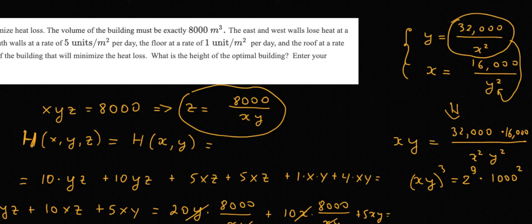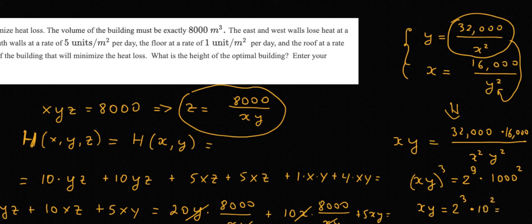And now we can take the cube root of both sides to solve for x times y. x times y will equal the cube root of 2 to the 9th, which is 2 to the 3rd. The cube root of 1000 is 10, and so the cube root of 1000 squared is going to be 10 squared.